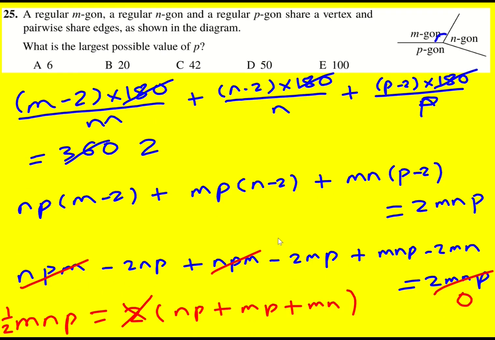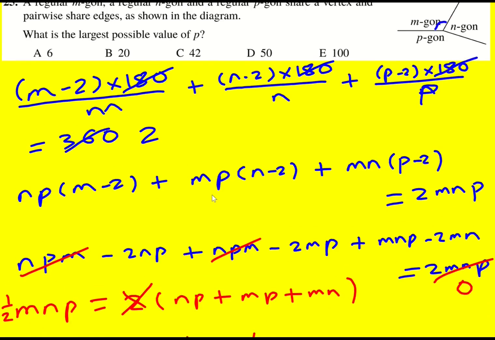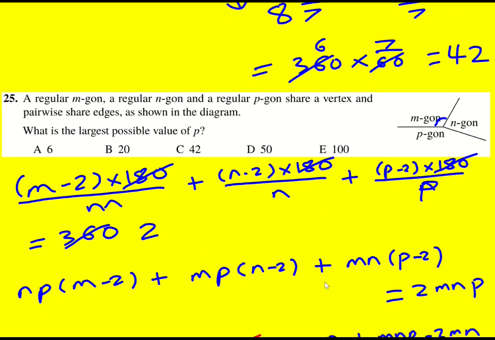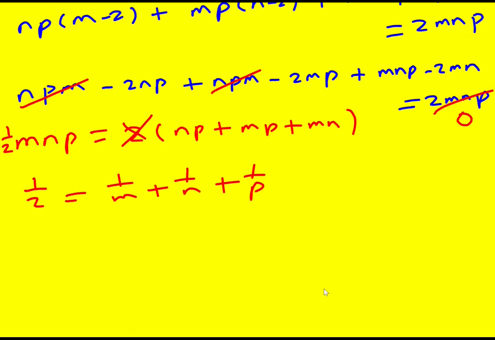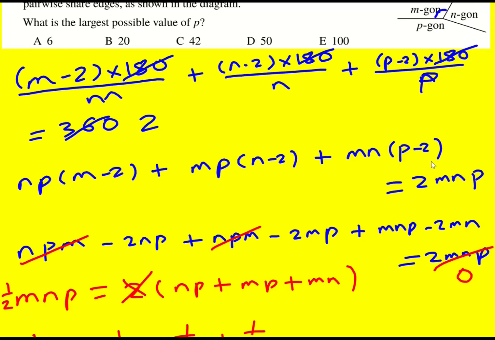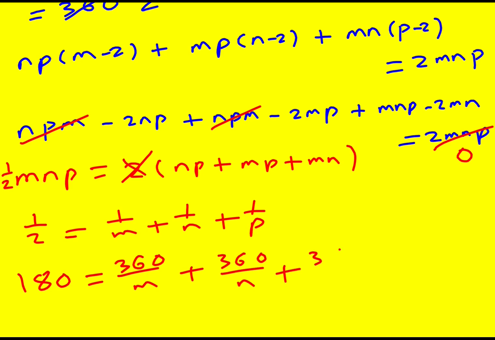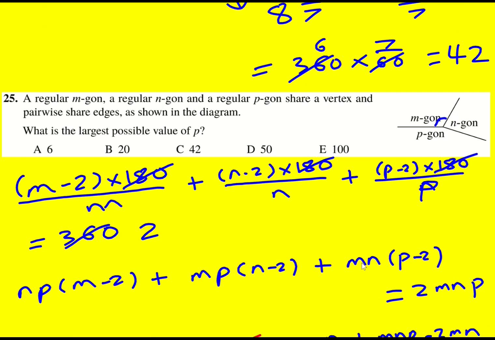Now, there's one thing I kind of missed. From this, it might be tempting to use exterior angles, and actually you could get there a bit quicker. If we times back through by 360, then you'd get 180 equals 360 over M plus 360 over N plus 360 over P. In fact, when you add the exterior angles of these shapes up, you get 180.